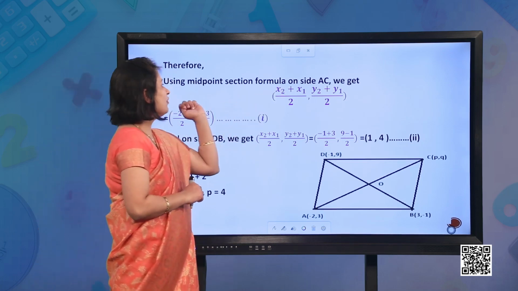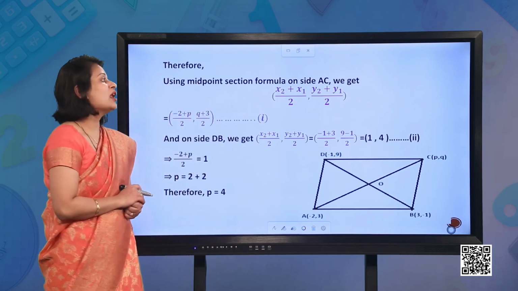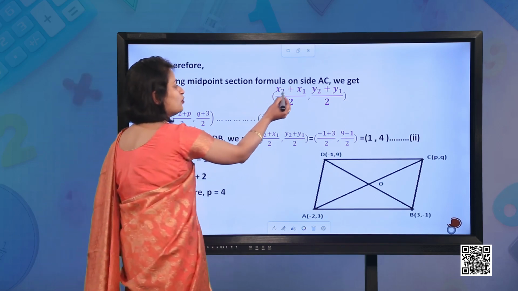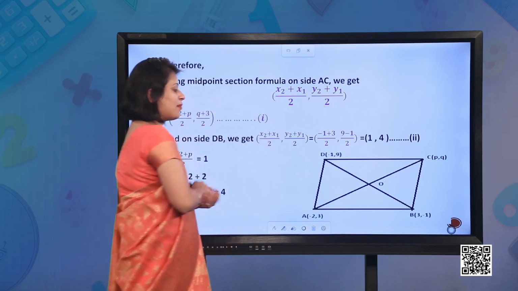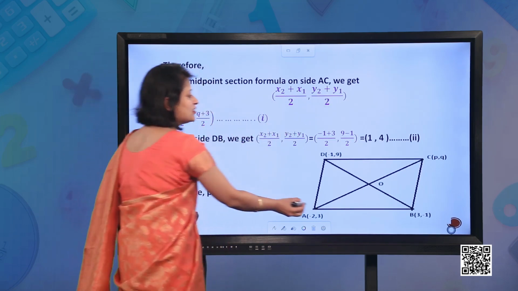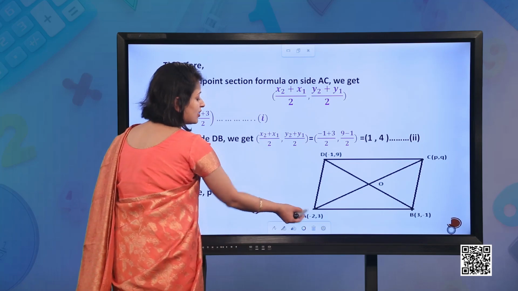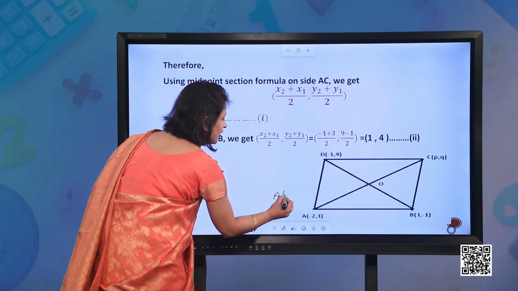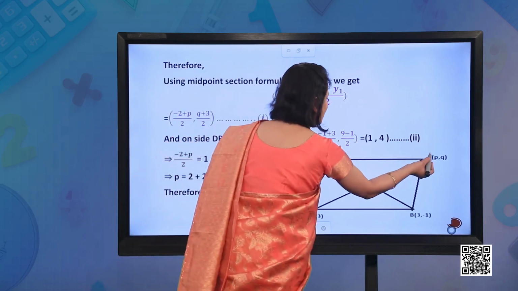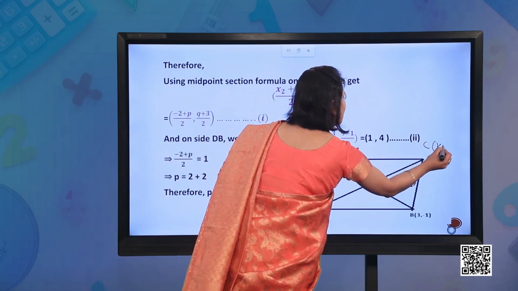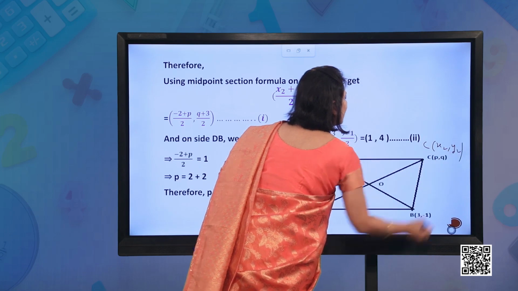Since we are first using the midpoint section formula on AC, we have (x2 plus x1) upon 2, (y2 plus y1) upon 2. So this is AC. You can consider this point as A, x1, y1, and this point as C, x2, y2.